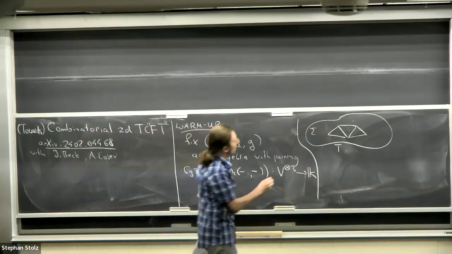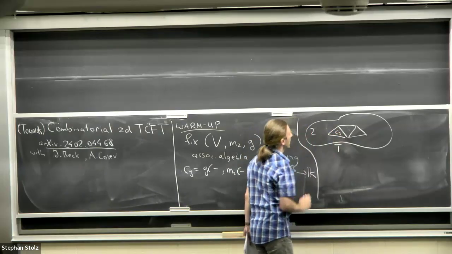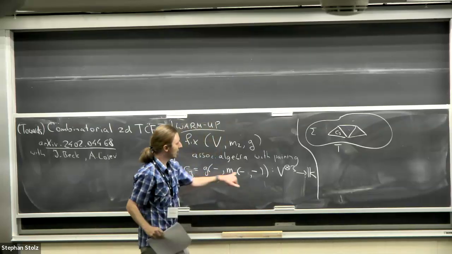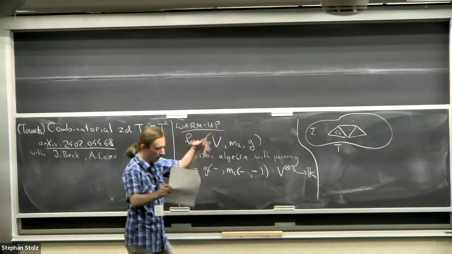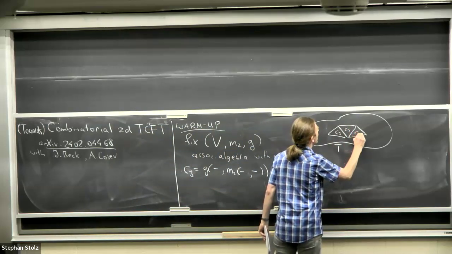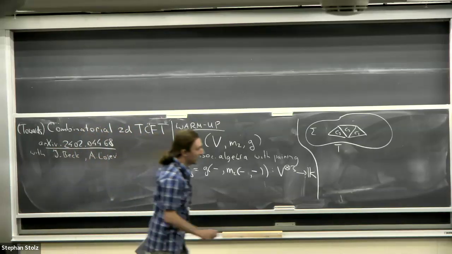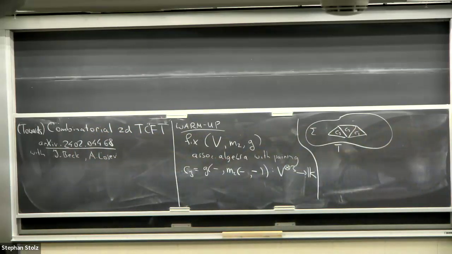I want to put inside each triangle the structure tensor C3. I can think of C3 as an element of V dual cubed. So I put a copy of C3 in each triangle, and then I contract where the edges are.